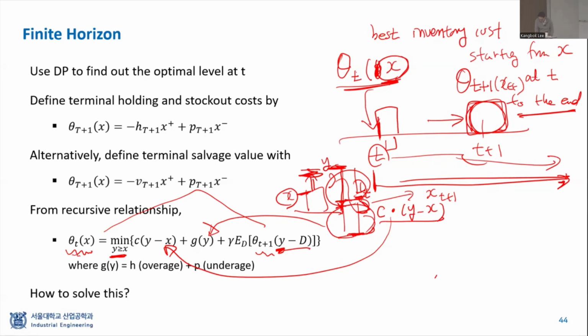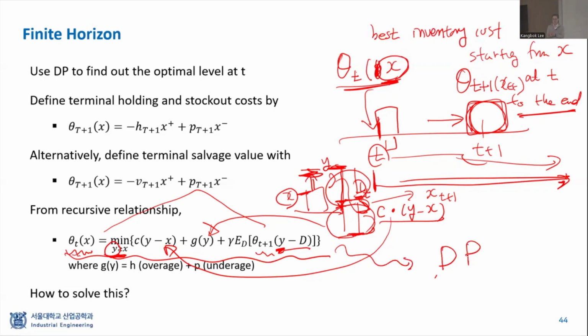So I have a nice relationship between the two different cost-to-go functions, and the remaining thing is I need to determine the best y in this multi-period problem. So how to solve this? It's a famous dynamic programming formulation.